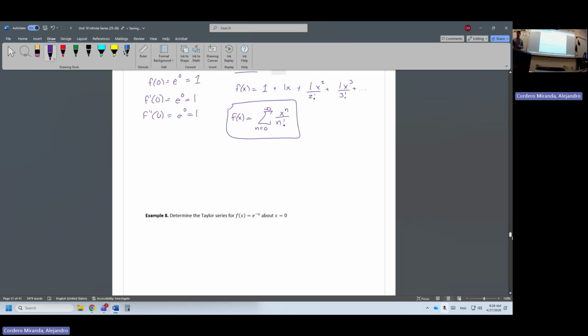Yeah, exactly. If this yellow thing is e to the x, then e to the negative x would be that yellow thing with a negative x instead of a normal x.